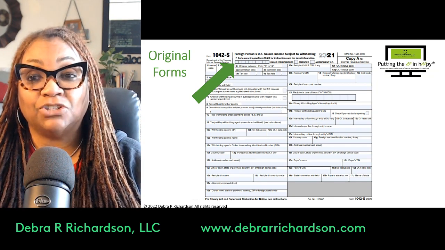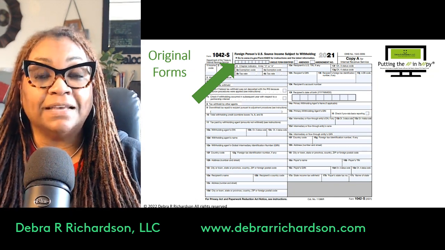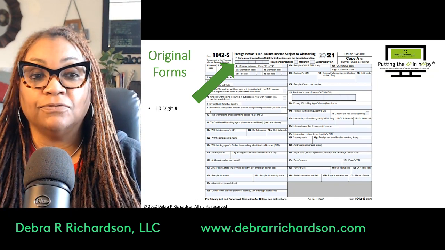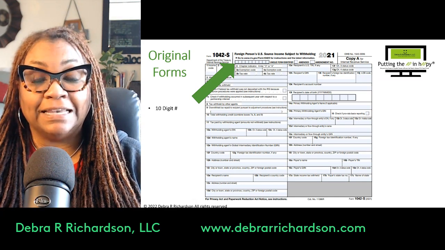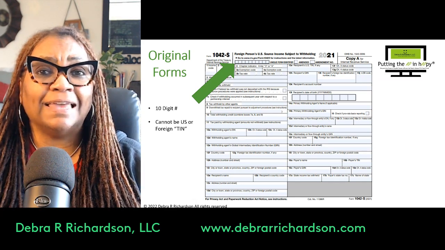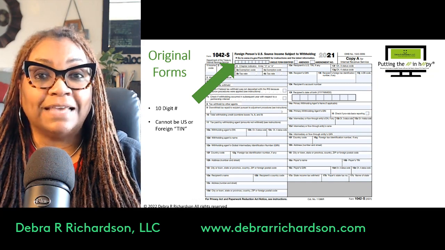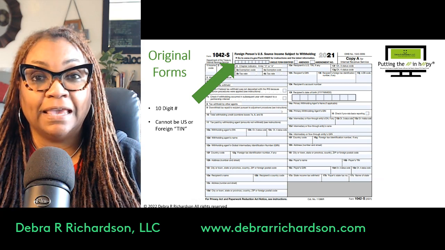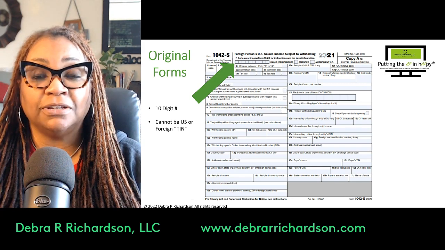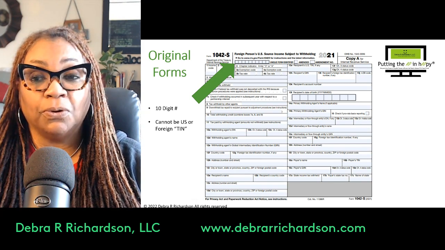And so the IRS does have some requirements, and the first one is that that unique form identifier must be 10 digits. It also cannot be their U.S. tax ID or a foreign tax ID. So it can't be a taxpayer identification number that is U.S. or foreign.